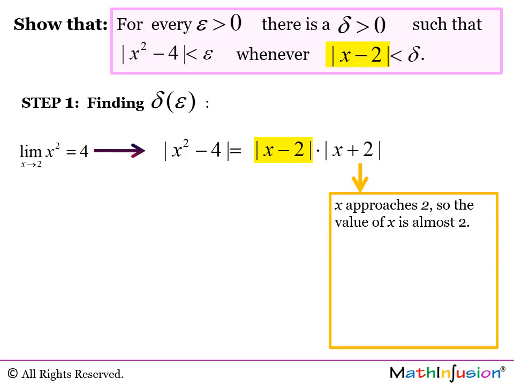We know that x approaches 2, so the value of x is almost 2. It's okay and right to say that x is between 1 and 3. So what is x plus 2? x plus 2 is between 3 and 5, and the absolute value of x plus 2 is less than 5.